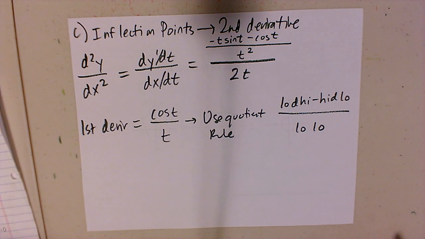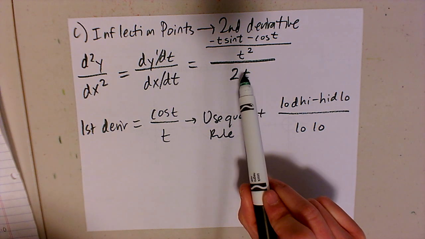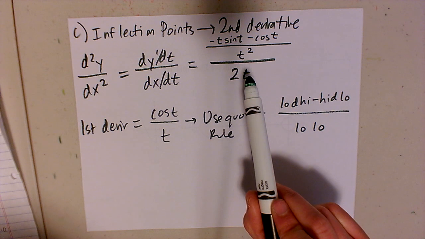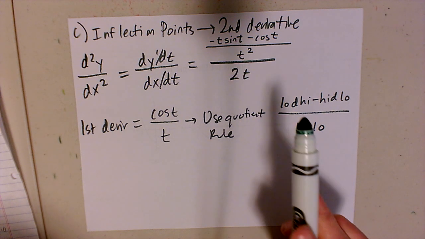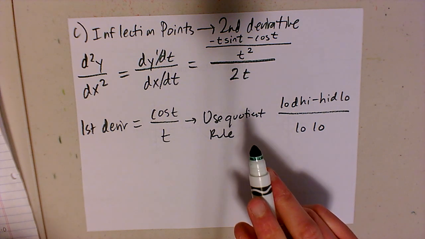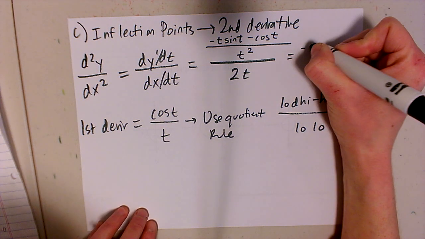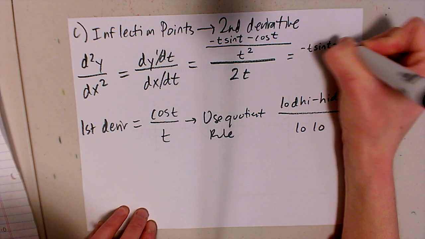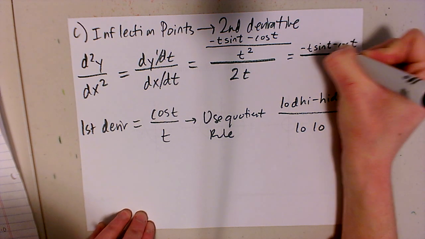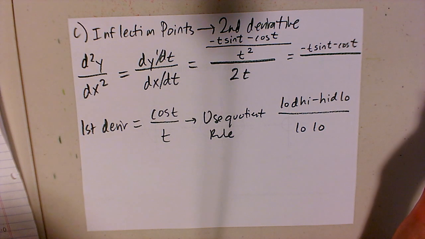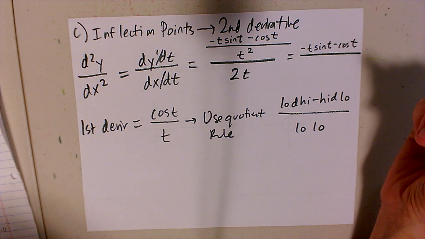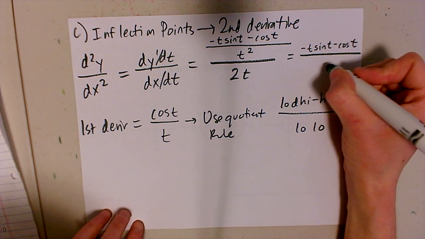Then we have some complex fractions that we can simplify. To simplify this complex fraction, the LCM of all of my denominators is going to be t squared, so we multiply everything by t squared. Up top we'll have negative t sine t minus cosine t, and down below, multiplying by t squared, that'll be 2t cubed.